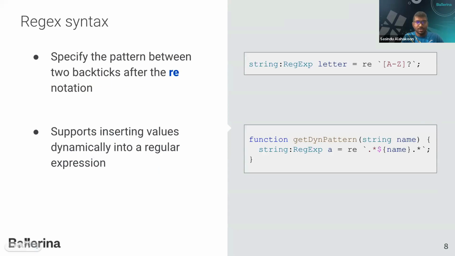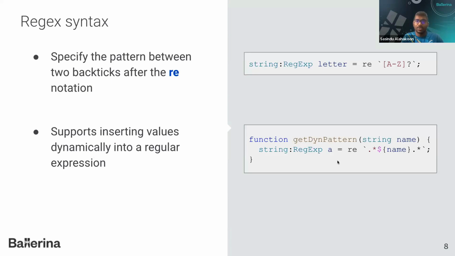Now, let's talk a bit about Ballerina regular expression syntax. It uses a tag named re followed by a template literal to define the regular expression. Like in this example, users can define the regex pattern between backticks after the re tag. Ballerina supports inserting parameters, function arguments, or any other variables into a regex pattern dynamically.